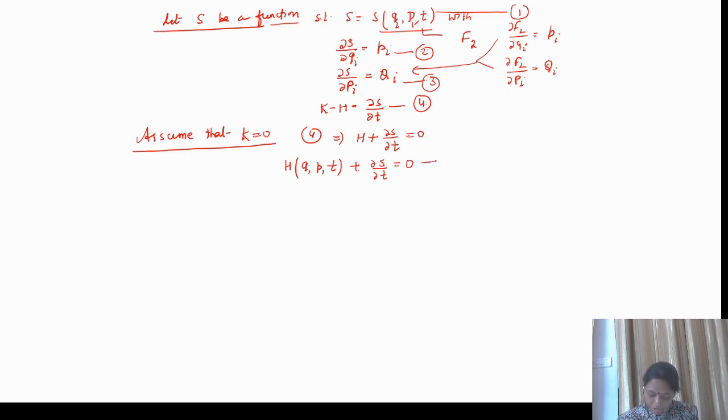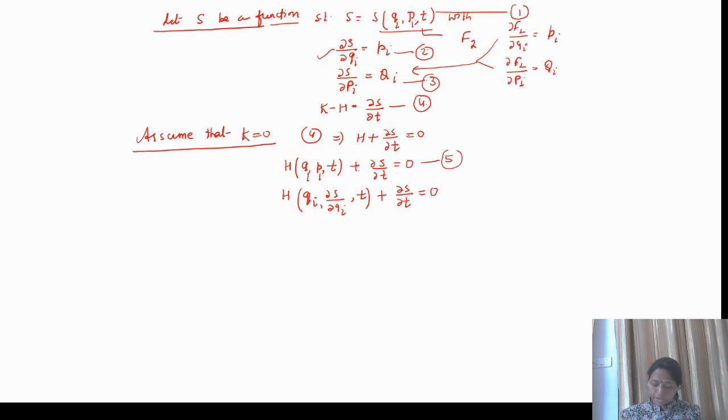In this equation, I may use this relation, because I'll eliminate all p. In H, in place of p I'll put delta S by delta q_i. So H of q_i, p_i equal to delta S by delta q_i, and time, plus delta S by delta t is equal to 0.